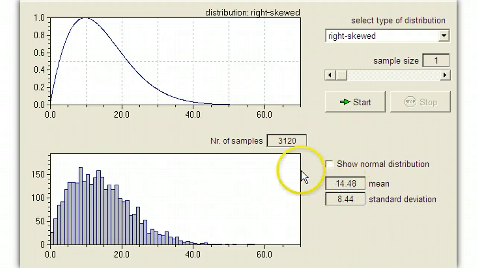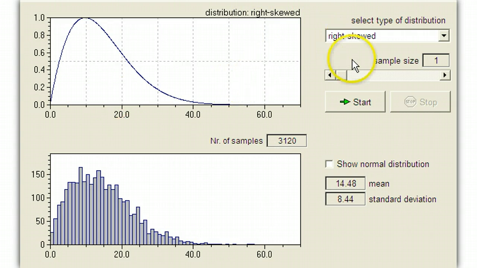So that means the mean of this original population we're sampling from really is around 14.5. That's what we talked about in class: the average of the sample means is the population mean. But this distribution is not at all bell-shaped. It's still right skewed, just like the original population was.